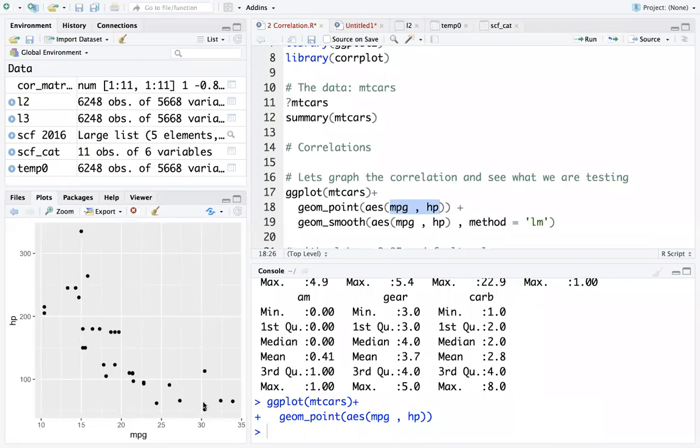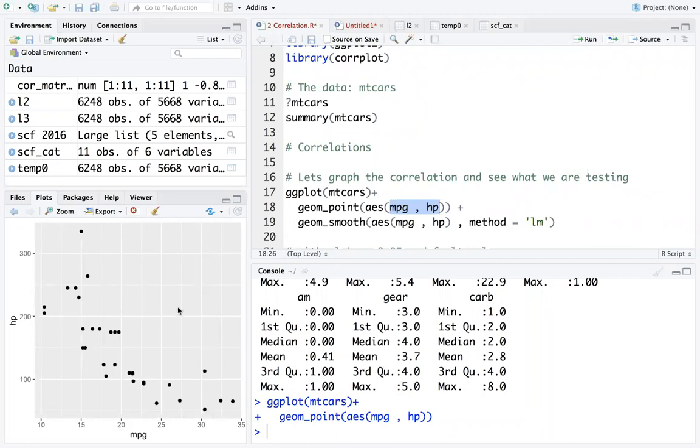We have to ask ourselves, does this make sense? As horsepower goes up, with high horsepower we have lower miles per gallon. Smaller engines with less horsepower apparently get more miles to the gallon. Usually that's correct.